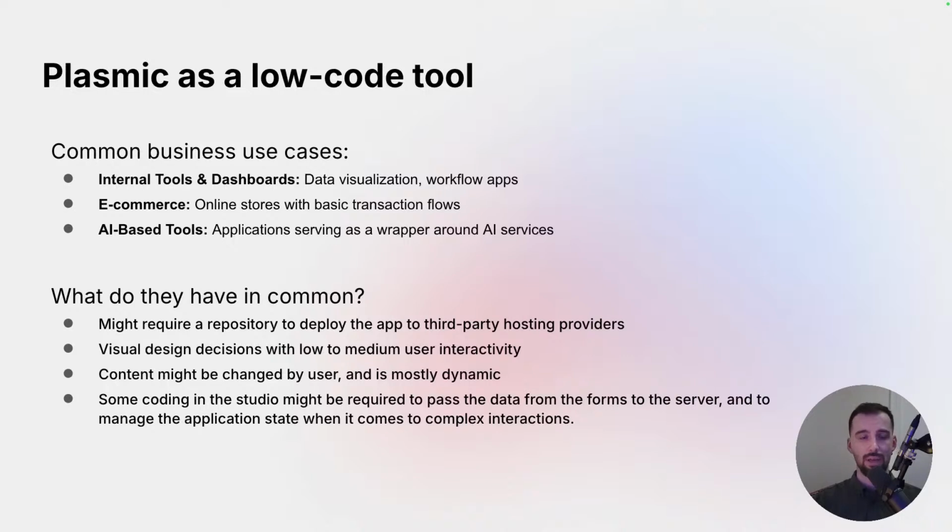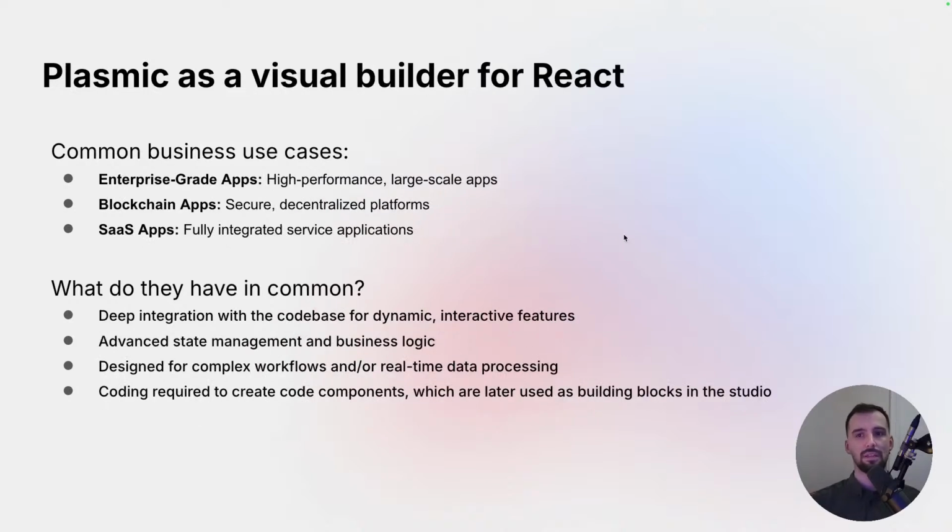So you layer just enough code to handle these tasks, and you get the best of both worlds: rapid visual development paired with the flexibility to add interactive elements or integrate with other services as needed. And so finally, for teams that need full control over complex interactions, Plasmic works seamlessly with a React code base.